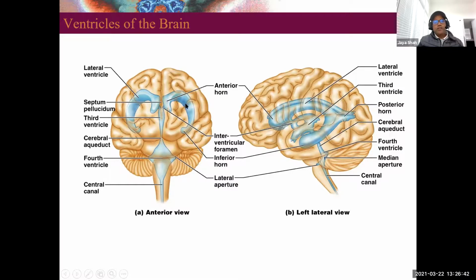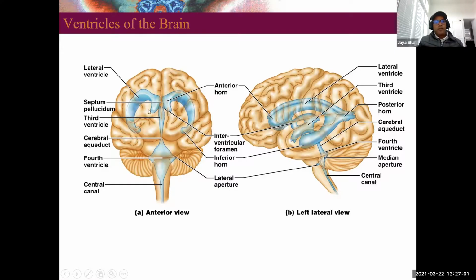These choroid plexus produce the fluid, and then it's sent through a small opening that is called the interventricular foramen. From there, it comes to the third ventricle.